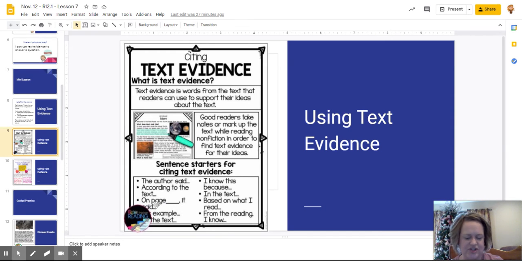There are some other suggestions on how to start those sentences, such as on page 2, it said, and then you write what you highlighted. Over here it says, from the reading, I know, and then you write what you found from the reading. So this is a really good test taking strategy as well, looking at the question and going back and marking the answer.